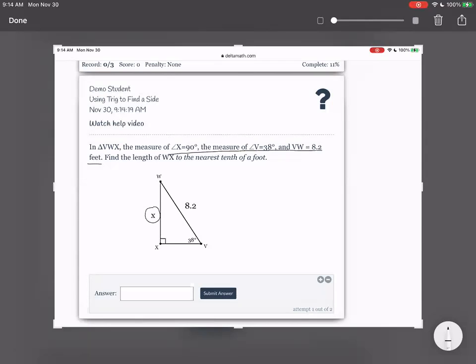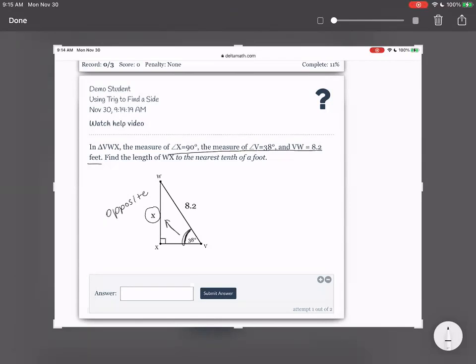So the angle that they gave us is 38 degrees. That's over here. And then using this reference angle, we need to figure out whether X is the opposite, adjacent, or hypotenuse side. And so this is directly across from the angle, so this makes it the opposite.